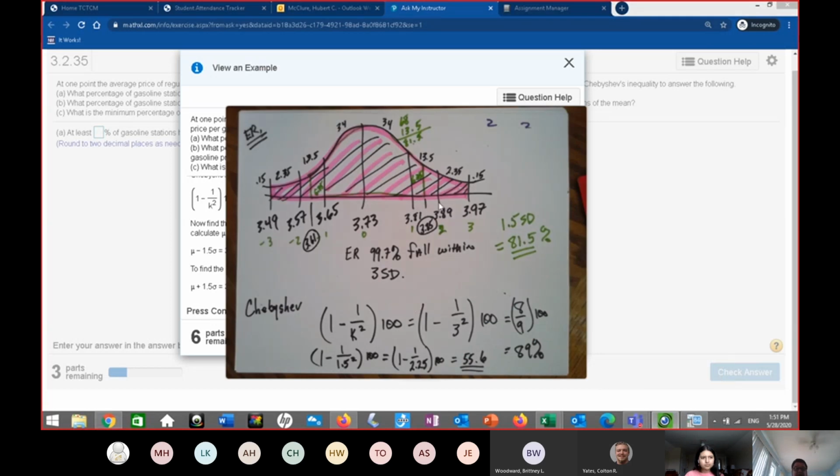We know the standard deviation is 8 cents, so what's half of 8? 4. So 3.81 plus 4 is 3.85, and 3.65 minus 4 is 3.61. That's why the empirical rule is so important. If you don't know it, it's going to haunt you.